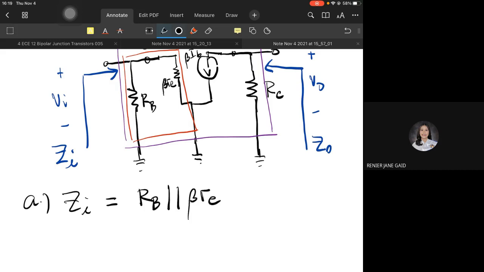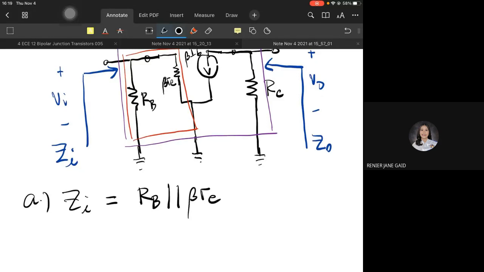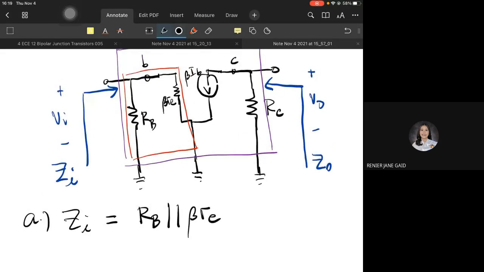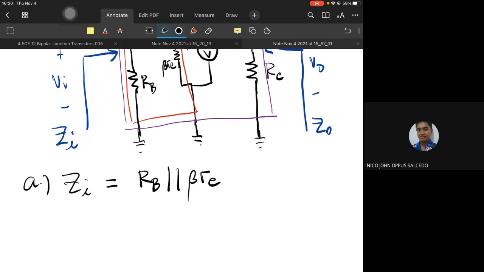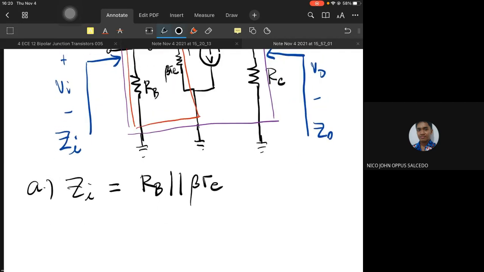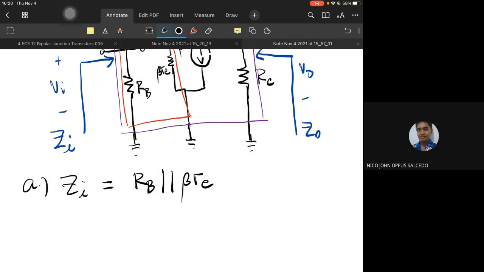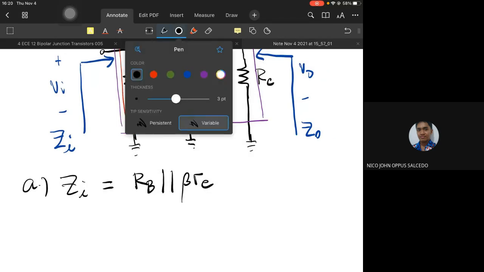Watch how I derive ZI. RB and beta RE are parallel resistors, right? Yes, sir. Okay, thank you, Nico. So that's the formula for ZI, RB parallel beta RE.